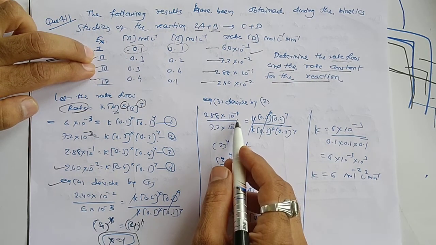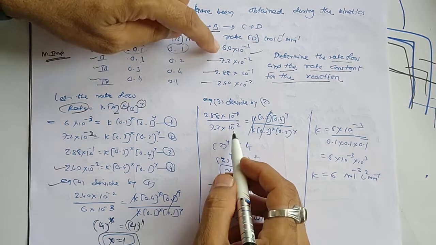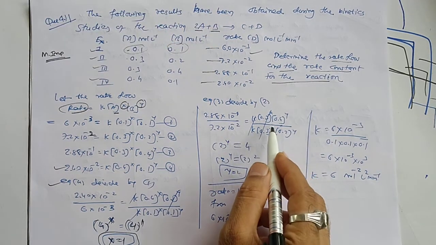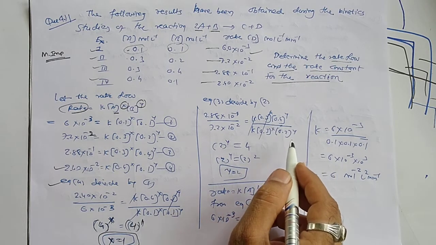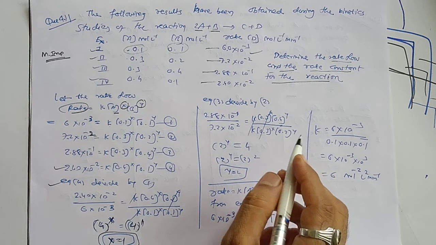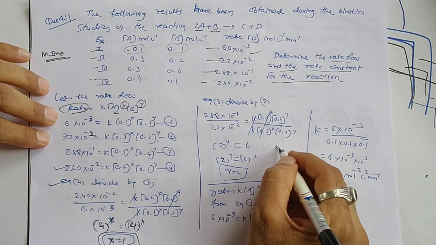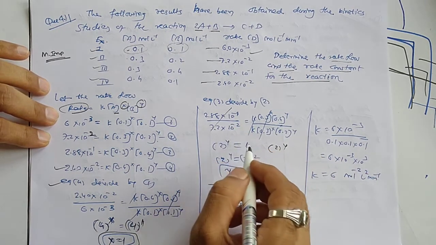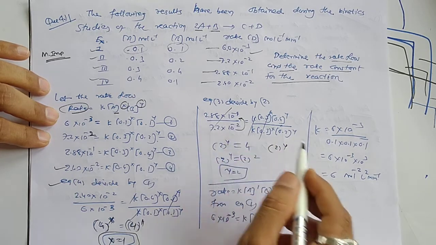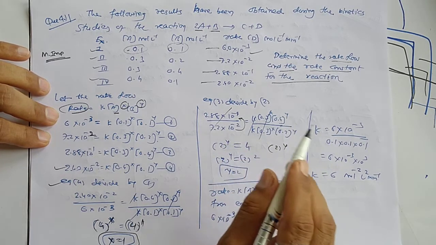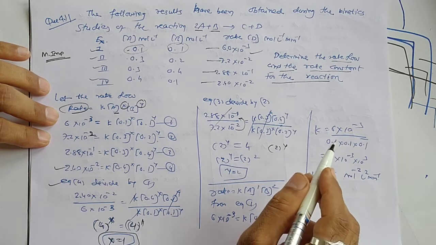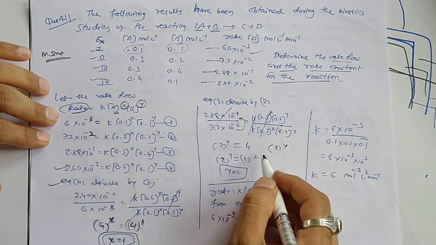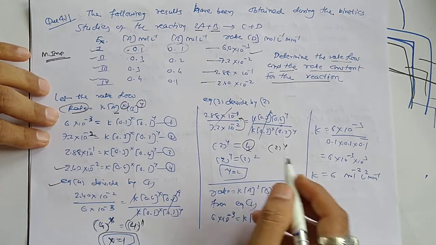2.88 × 10^-1 divided by 7.2 × 10^-1. So 0.3^x cancels, k cancels, 0.2 upon 0.4 upon 0.2 means 2^y. Here the division is minus 2, here it will be plus 2. 10^(2-1-1), so 10. 28.8 divided by 7.2 is 4.